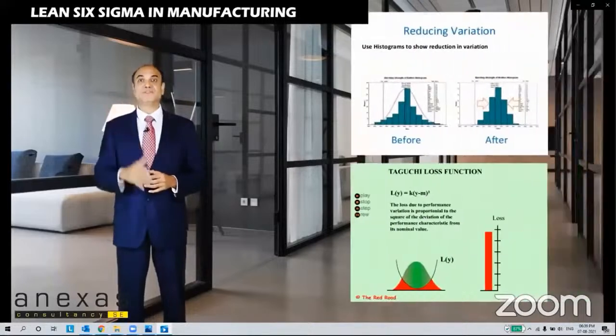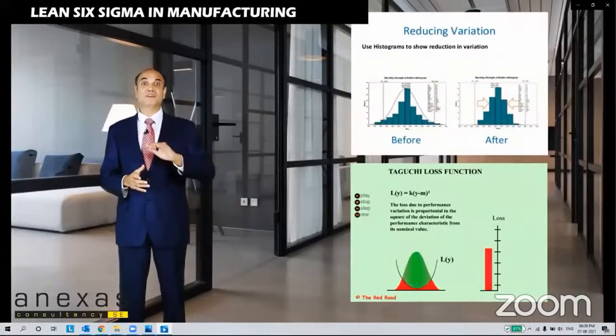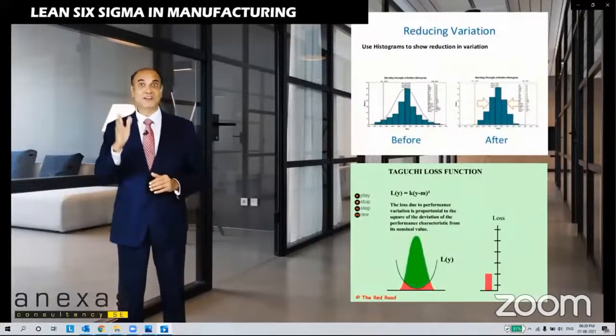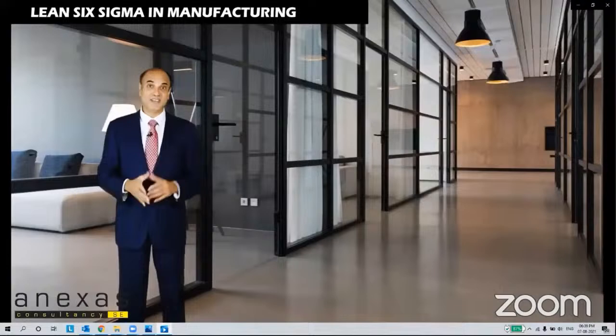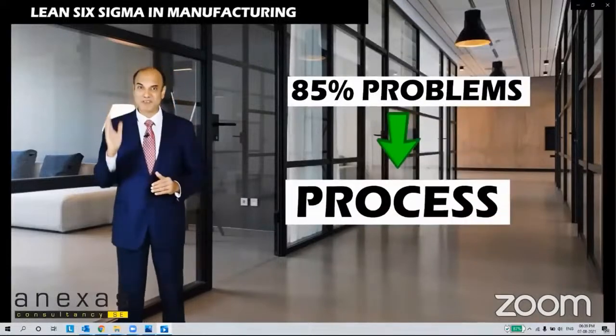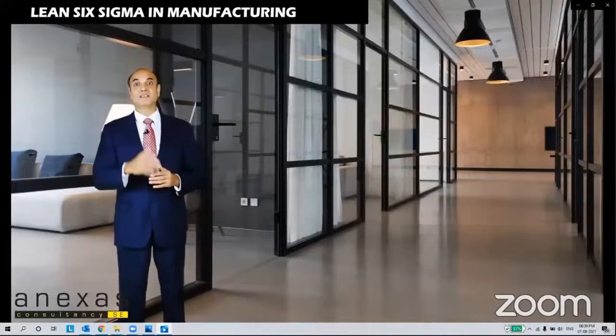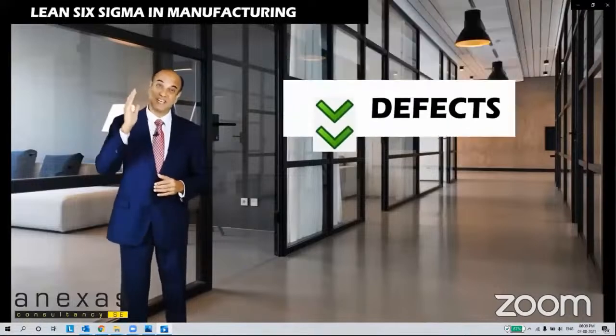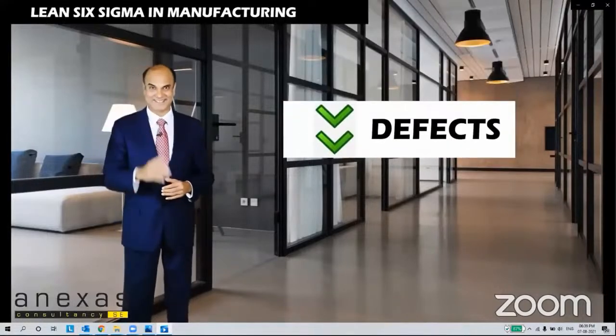Secondly, Lean Six Sigma focuses on solving the problems caused by a process. Here we focus on the processes, not on people, because we believe that 85% of the problems are due to the processes and not due to the people. Defects in your product can cost your organization a fortune, so the focus is on reducing the defects by focusing on the processes.